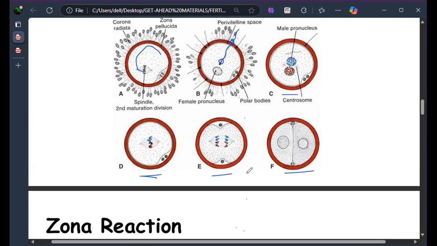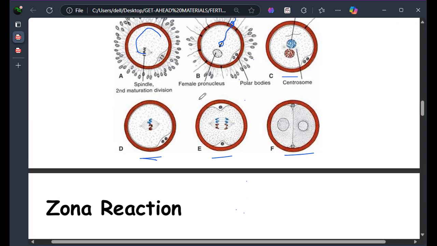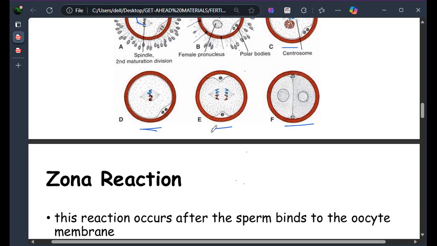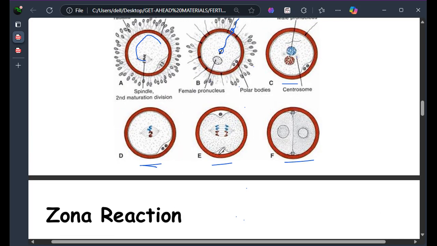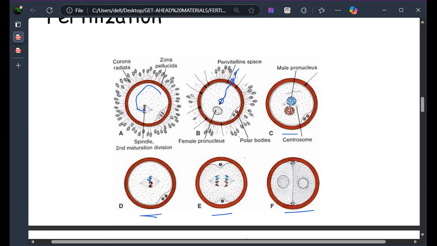The normal membrane potential is reversed so that it blocks sperms that are entering in a fast time frame, so to say. What you want is that once one sperm binds, another sperm is not able to penetrate. Since millions of sperm are released at a time, how do you do that in a millisecond? How do you do that in the quickest time possible?